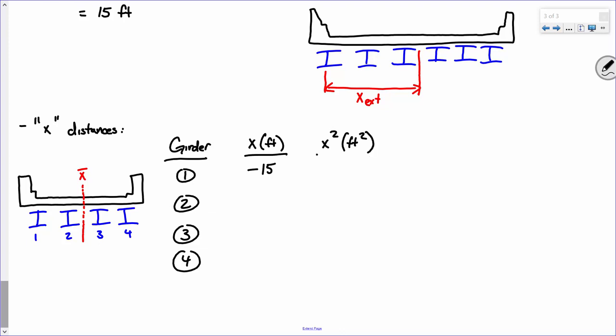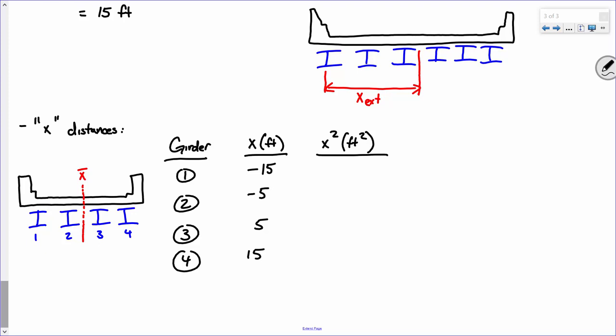Negative times a negative is a positive, just as positive times a positive. So help me out, from the center line to girder 2, what is it? 5 or negative 5, it doesn't really matter. And girder 3 is 5 and girder 4 is 15. So maybe we got negative 5, 5, 15.